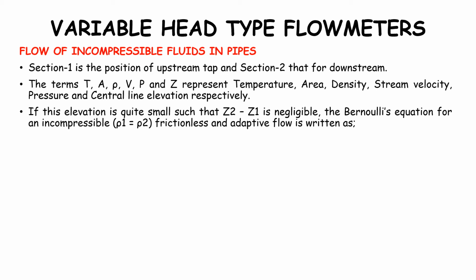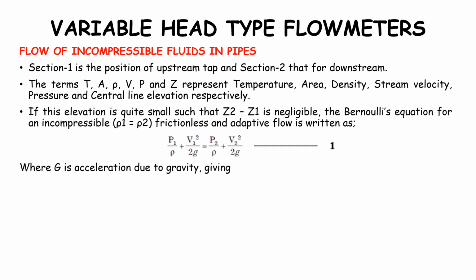If this elevation difference is quite small such that Z2 minus Z1 is negligible, Bernoulli's equation for an incompressible fluid, with rho1 equal to rho2, frictionless and adiabatic flow, is written as P1 by rho plus V1 square by 2g is equal to P2 by rho plus V2 square by 2g, where g is the acceleration due to gravity.